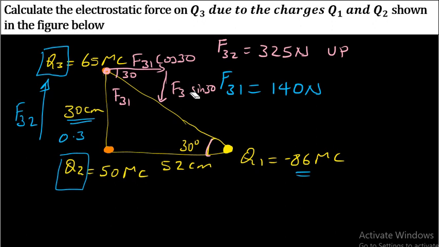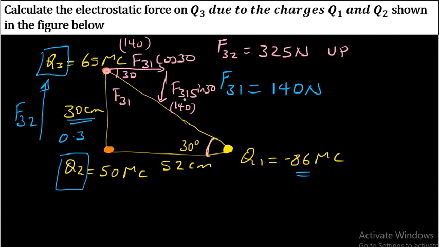So each of them we have already. We can calculate cos 30 and sine 30, and F31 we have already, which is 140 multiplied with cos theta, and here also 140 multiplied with sine theta, and then we can get the x and the y components of the force on 3 from 1.